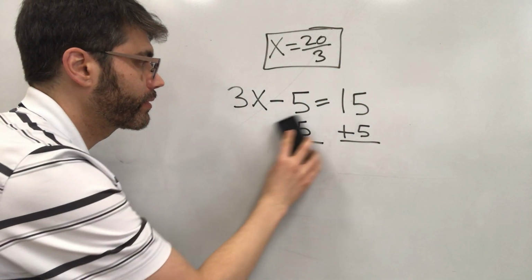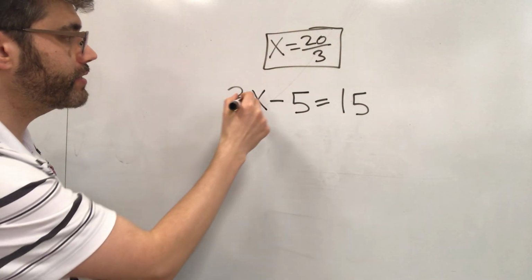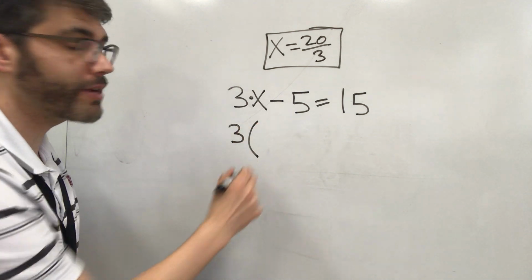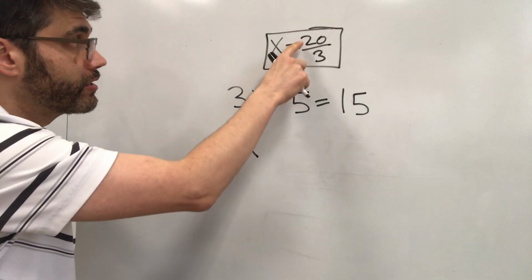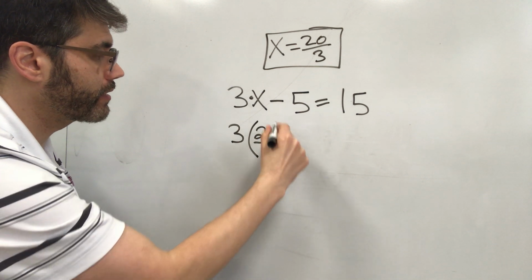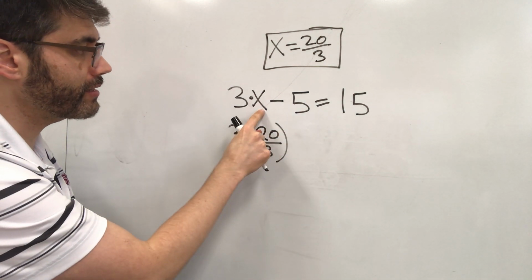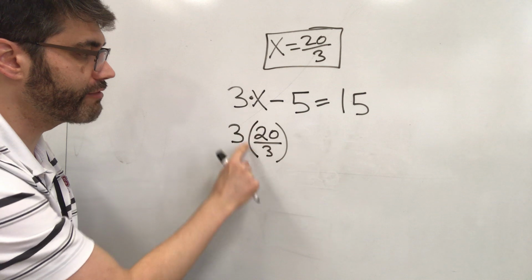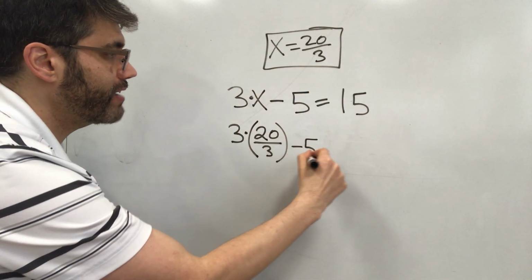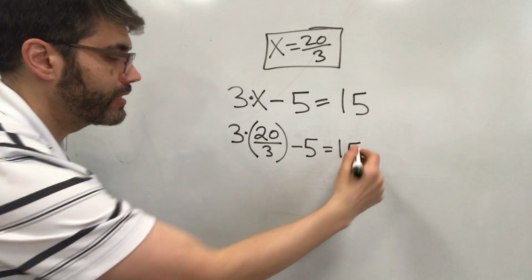Okay, let's see. So instead of saying 3 times x, let's say 3 times what we are claiming the solution to be. It's 20 over 3. Instead of 3 times x, it's going to be 3 times our value for x, minus 5 equals 15. Let's see if this creates an identity.